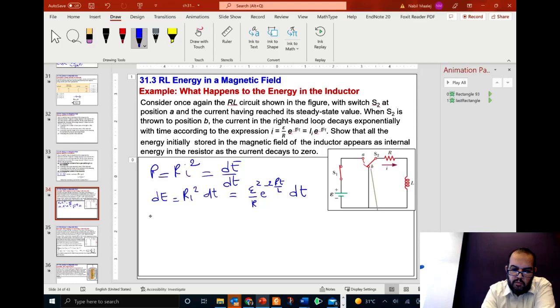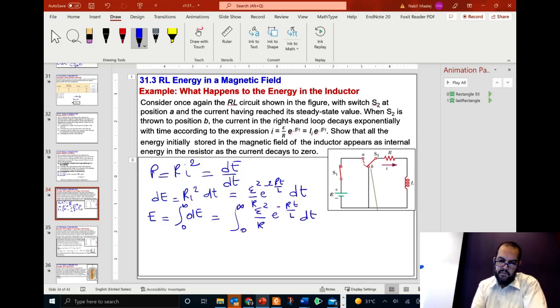So if I want to determine the total energy, I have to integrate dE from time equal to 0 to infinity. So this is going to be the integral of epsilon squared over R, exponential of minus 2Rt over L, dt from 0 to infinity. This is the total energy.